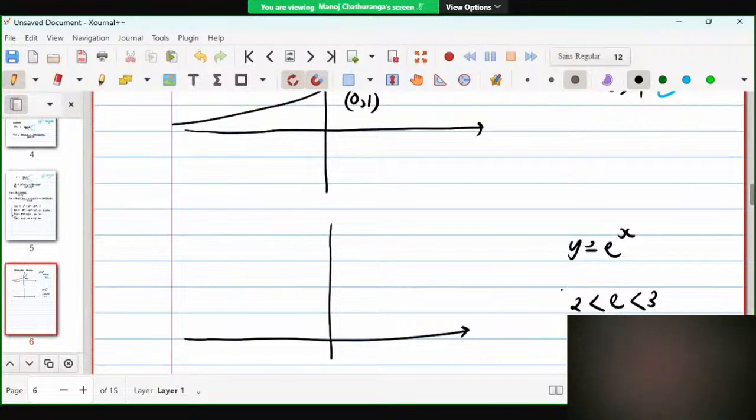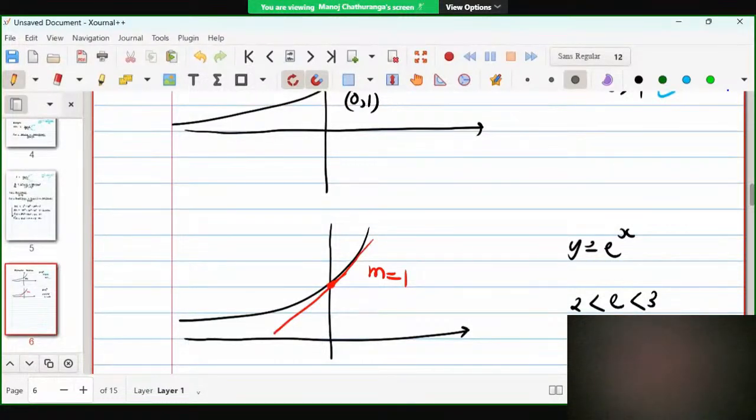The property of e to the power x is that if you draw the tangent line to the graph at x equals 0, the slope of the tangent line is 1. This is how we choose our e.